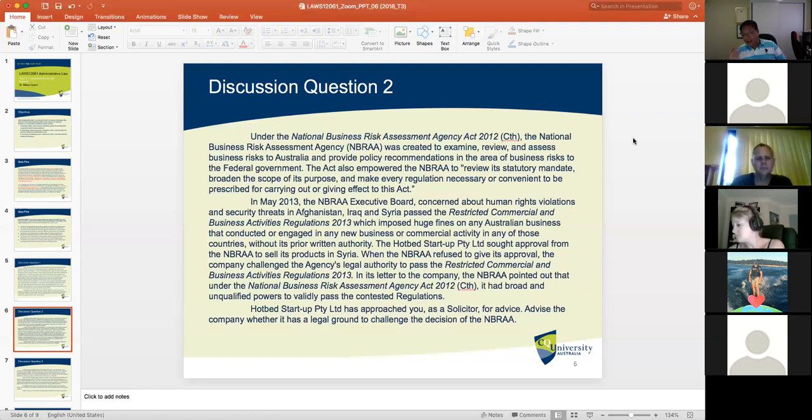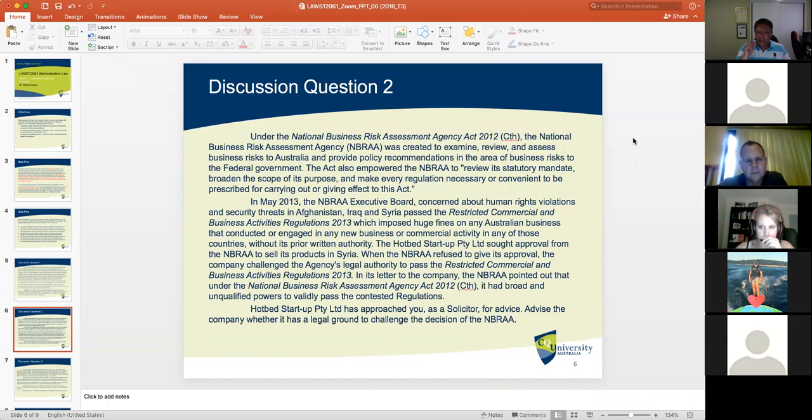So national security is not a trump card that enables the executive to just do what it wants, or even enables the Commonwealth Parliament to come up with a law on any subject. Any law passed by the Commonwealth Parliament must still be in accordance with the Australian Commonwealth Constitution, and certainly any actions on the part of the executive must also comply with the law and the Constitution.